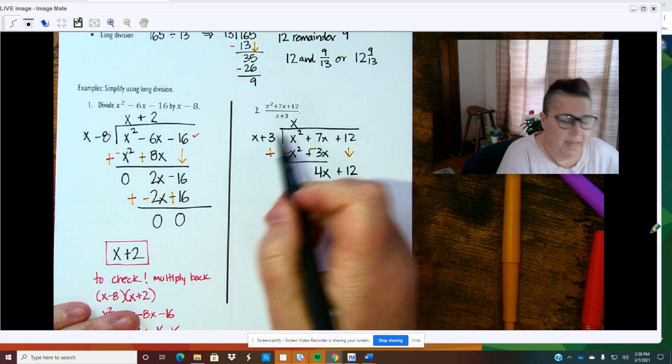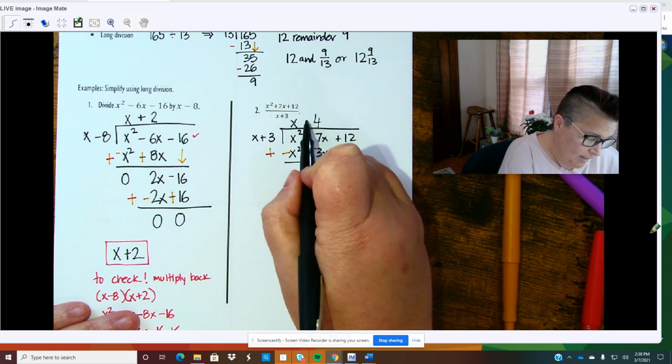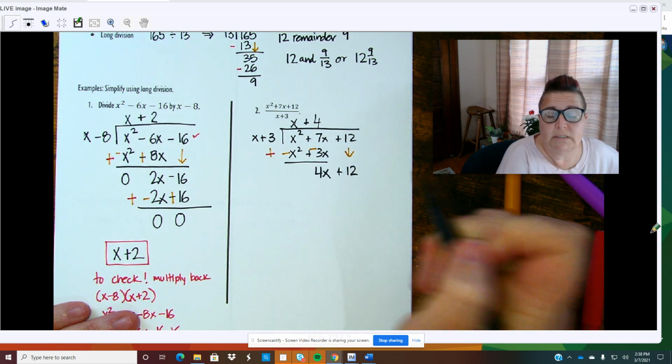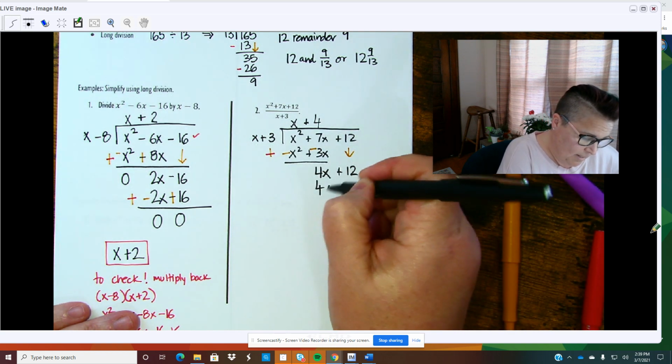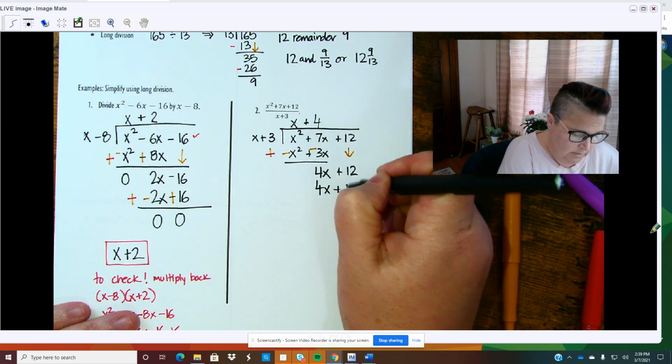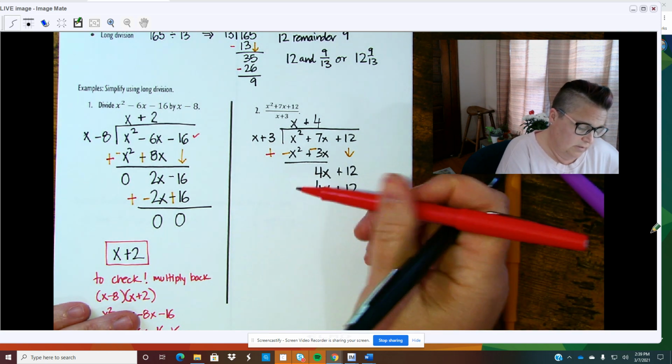4x divided by x is a positive 4, so I'll do plus 4. Then I'll multiply back. 4 times x is 4x. 4 times 3 is 12. Subtract.